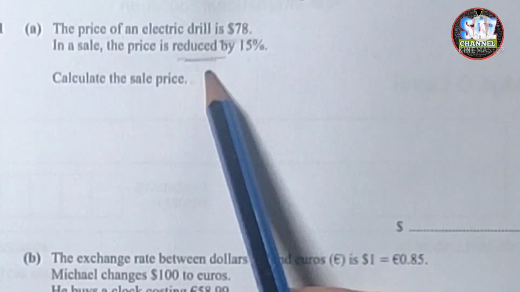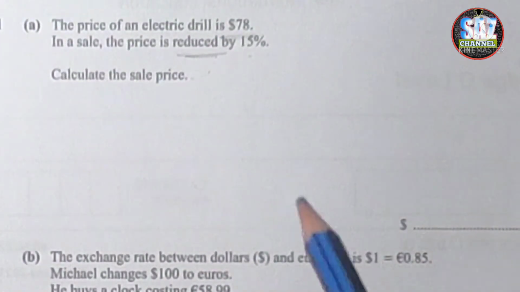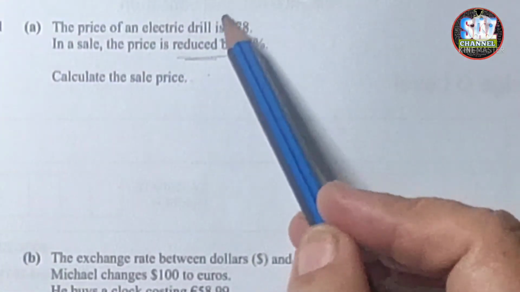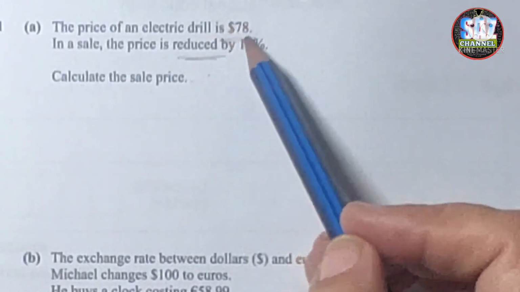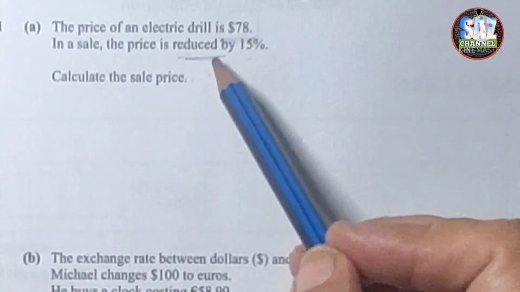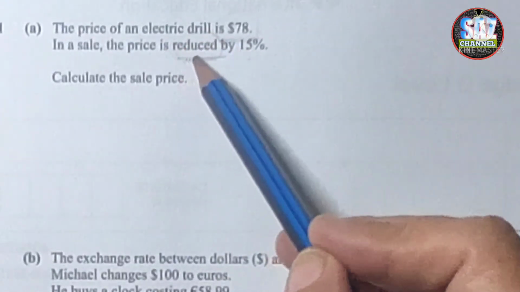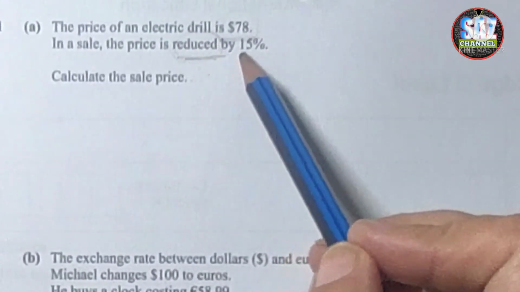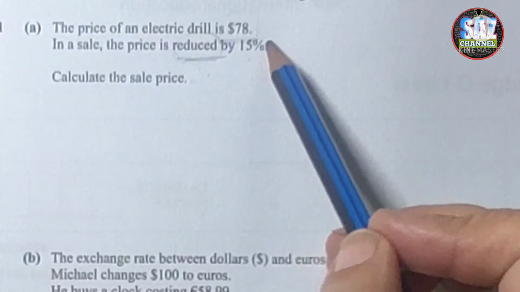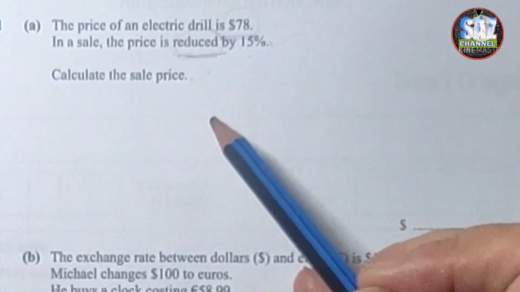Calculate the sale price, okay? So there is an electric drill that is priced at $78, but in the sale, the price is reduced. Reduced means that you have to pay less. And how much less? The price is reduced by 15% and we have to find the new price or the sale price.